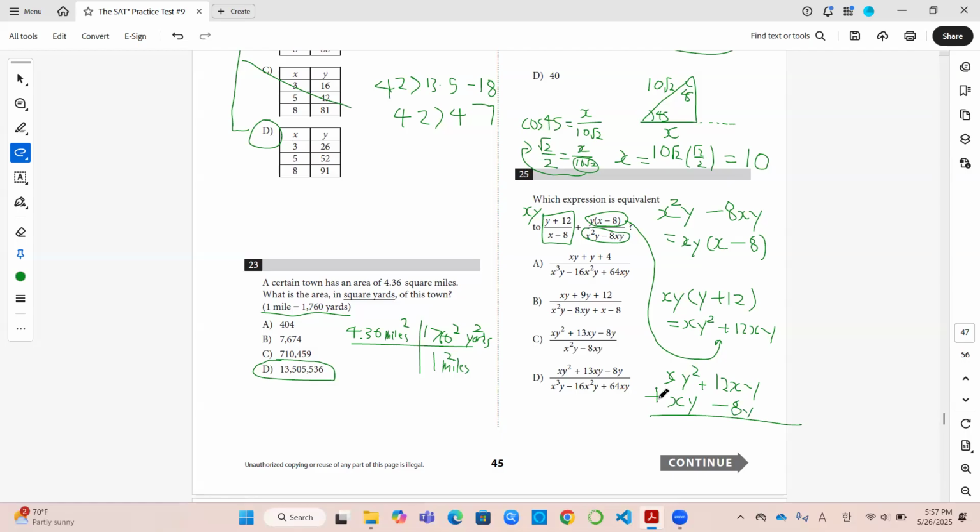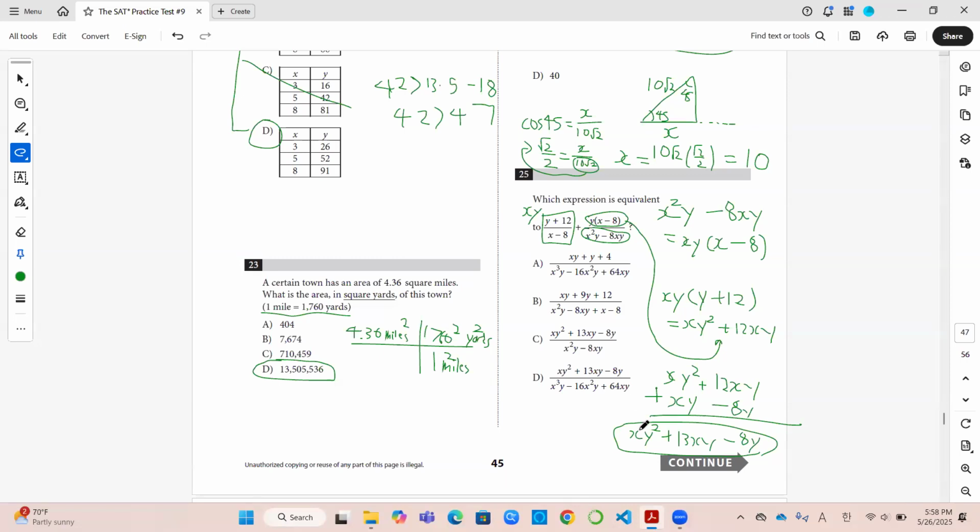Add all of this up. Becomes xy squared plus 13xy minus 8y. So this guy is the numerator.